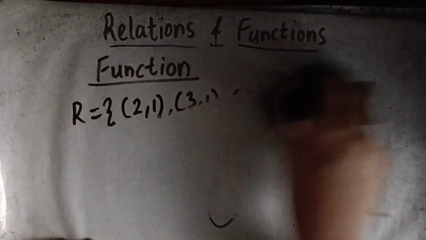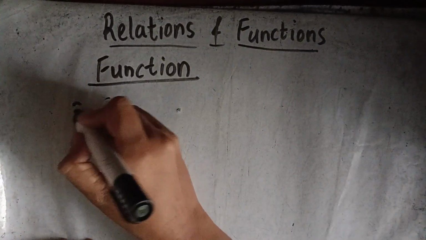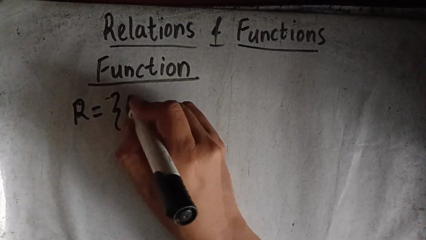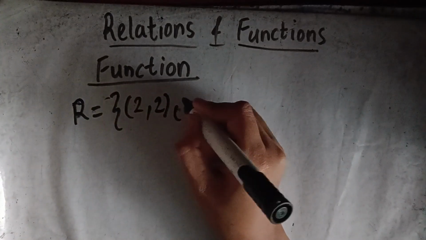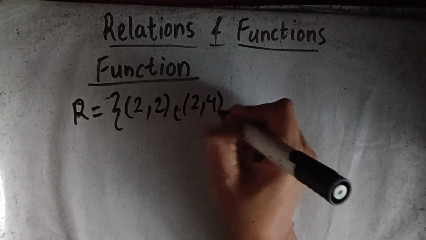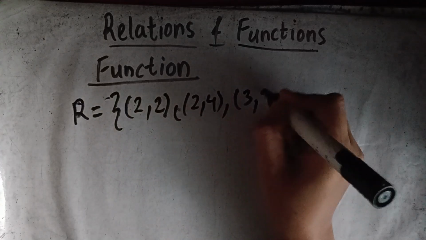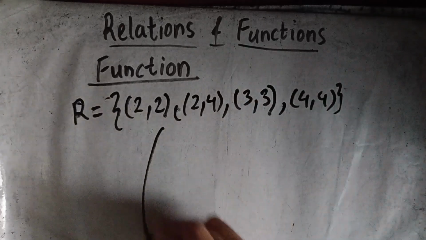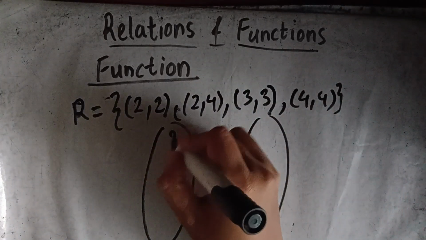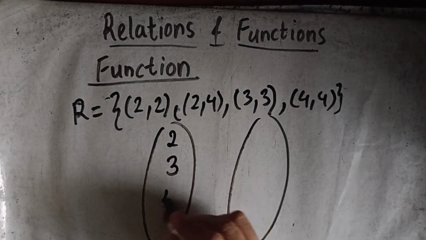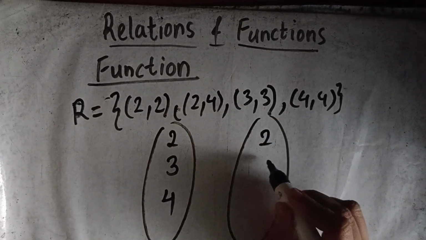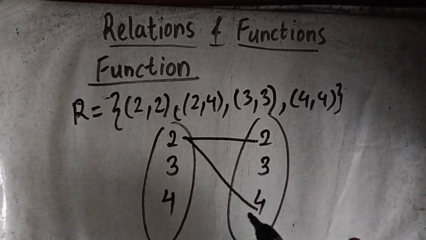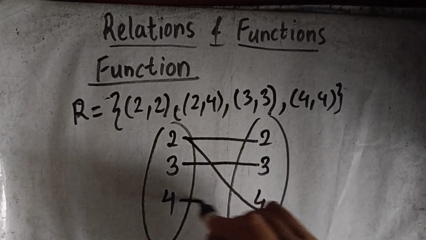Next, (2, 2), (2, 4), (3, 3), (4, 4). So if I take 2, 3, 4 and 2, 3, 4, 2 is going to 2, 2 is going to 4, 3 is going to 3, and 4 is going to 4.